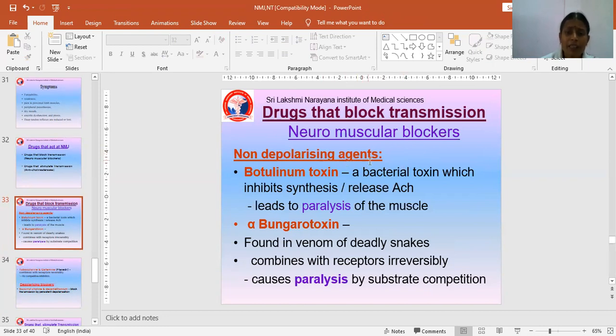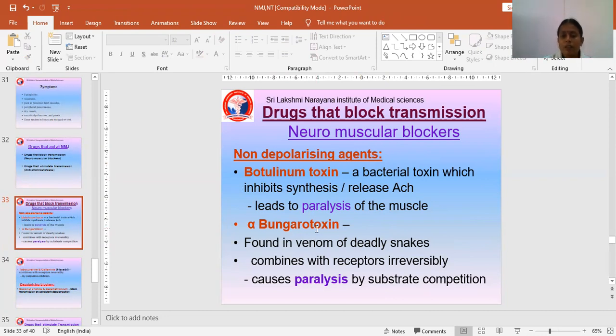The non-depolarizing agents are botulinum toxin and alpha-bungarotoxin. Botulinum toxin is a bacterial toxin which inhibits the synthesis or release of acetylcholine. This leads to paralysis of the muscle. Alpha-bungarotoxin is found in the venom of a deadly snake.